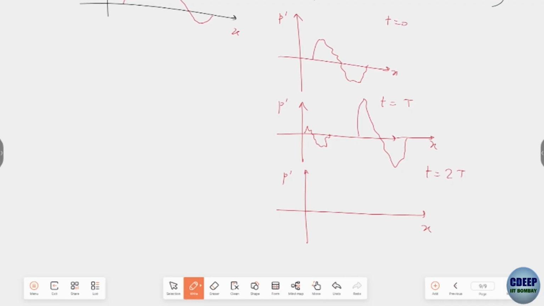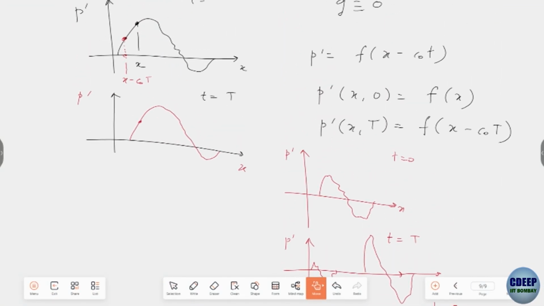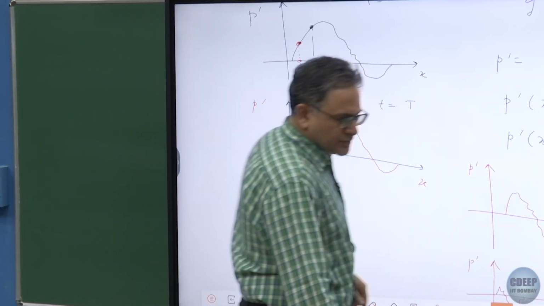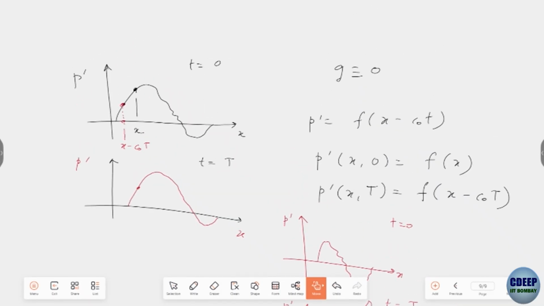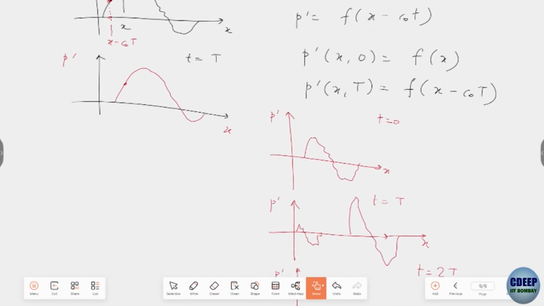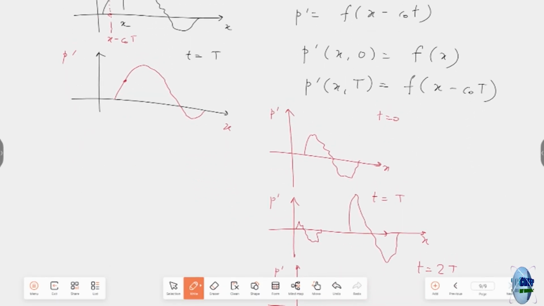So we were talking about this f function, which is the rightward traveling wave, right? That's what we figured out from this, that f is the rightward traveling wave. It just travels at the speed c naught. So you have to remember that in a general solution, there is also the leftward traveling wave.